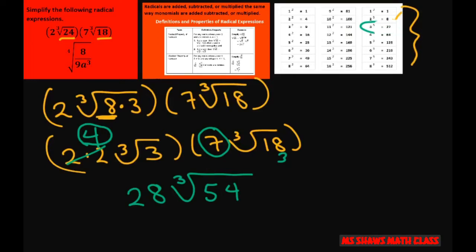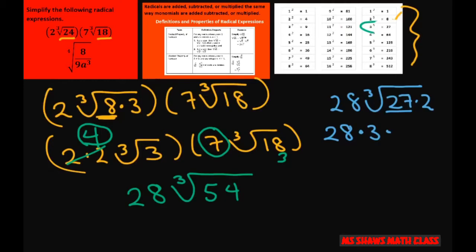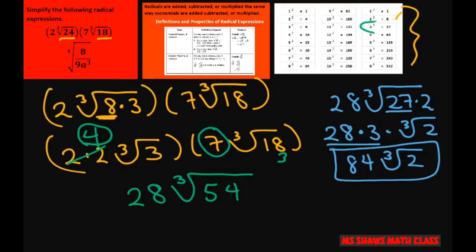So I can break this up further as 28 times cube root of 27 times 2. So basically, cube root of 27 is 3. So you have 28 times 3 times cube root of 2. Now 28 times 3 is 84, and you're left with cube root of 2. So this would be your final answer.